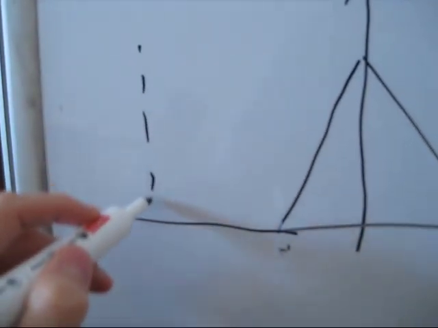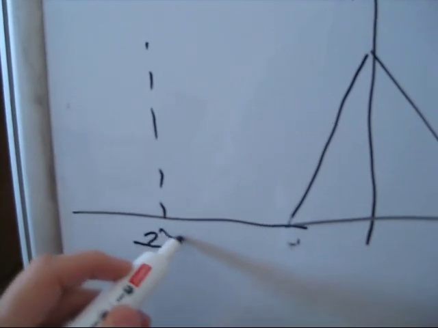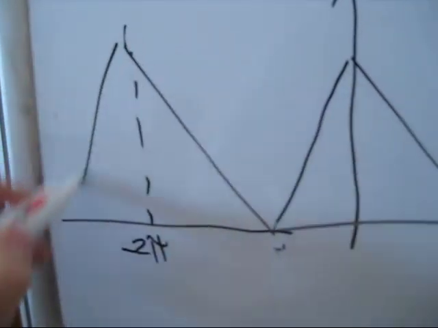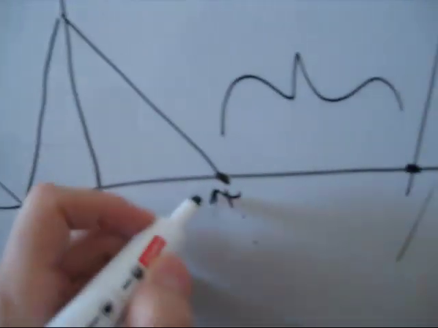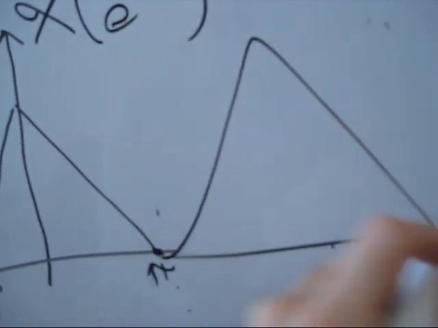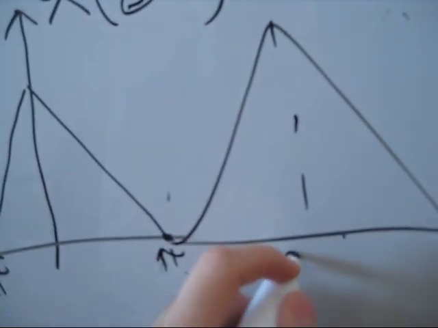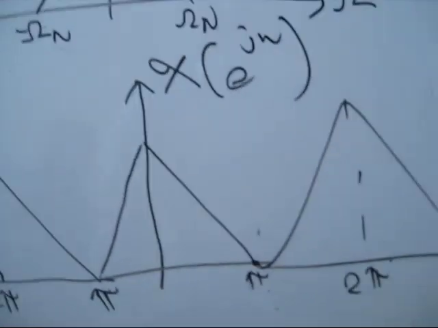So let's just do that. It's minus pi over 2. And we end up getting the same thing here, so that's pi, and then the same thing on this side, where this is 2 pi here.